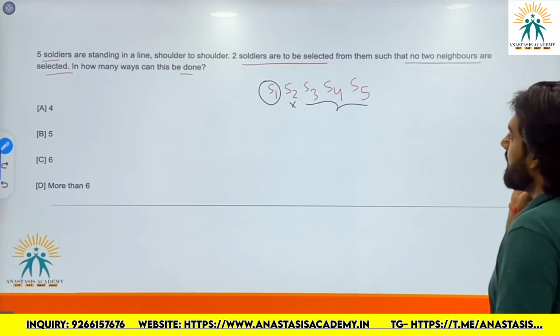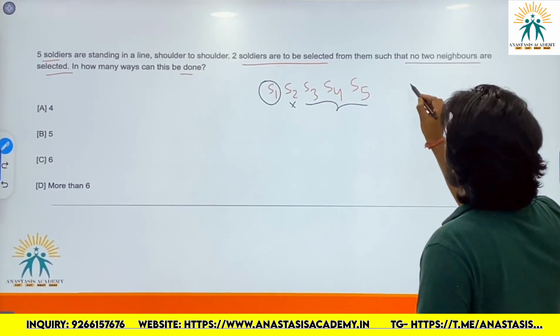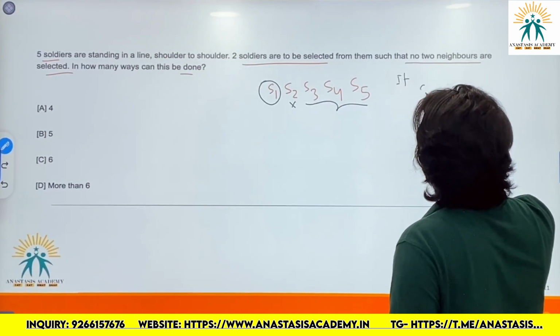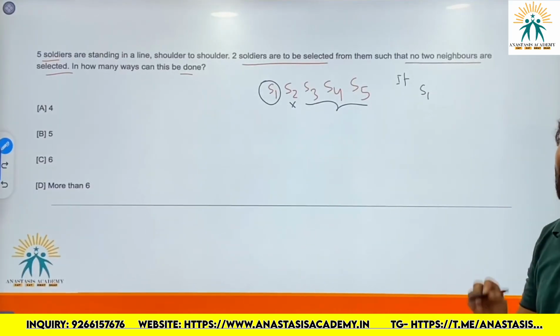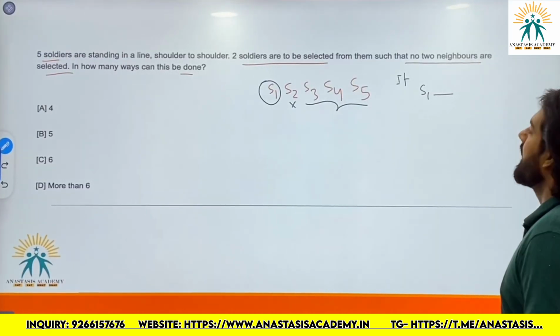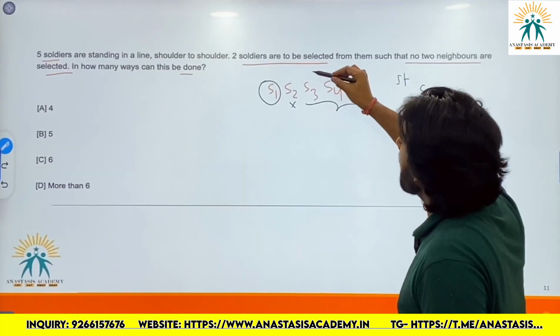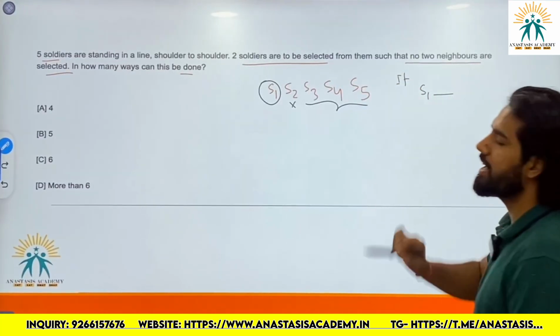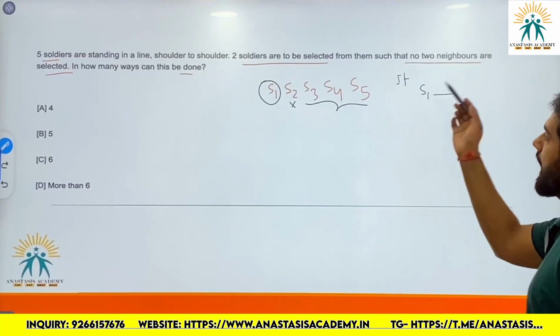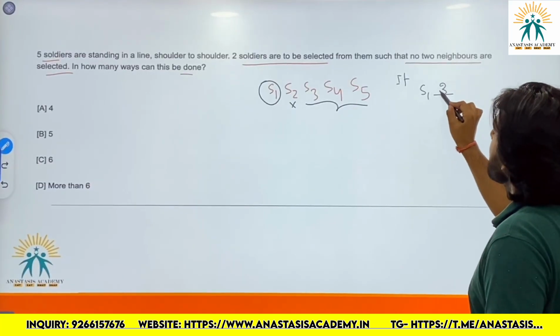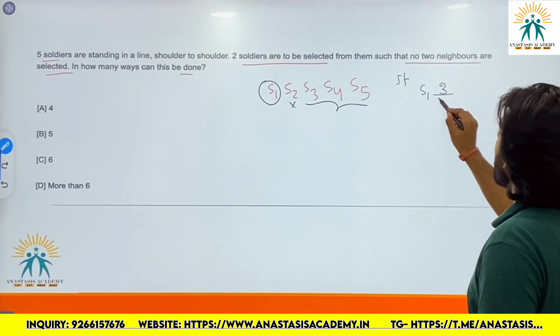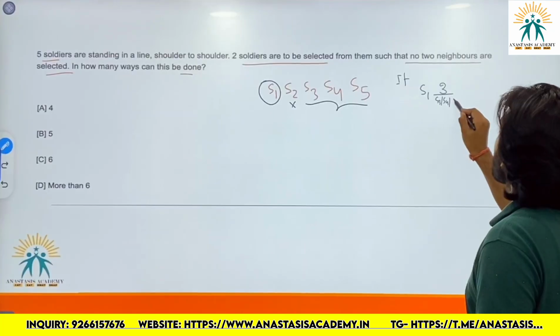So there will be cases that if S1 is taken, the next soldier can be picked among S3, S4 and S5. So how many possibilities are there? 3 possibilities are there among S3, S4 and S5.